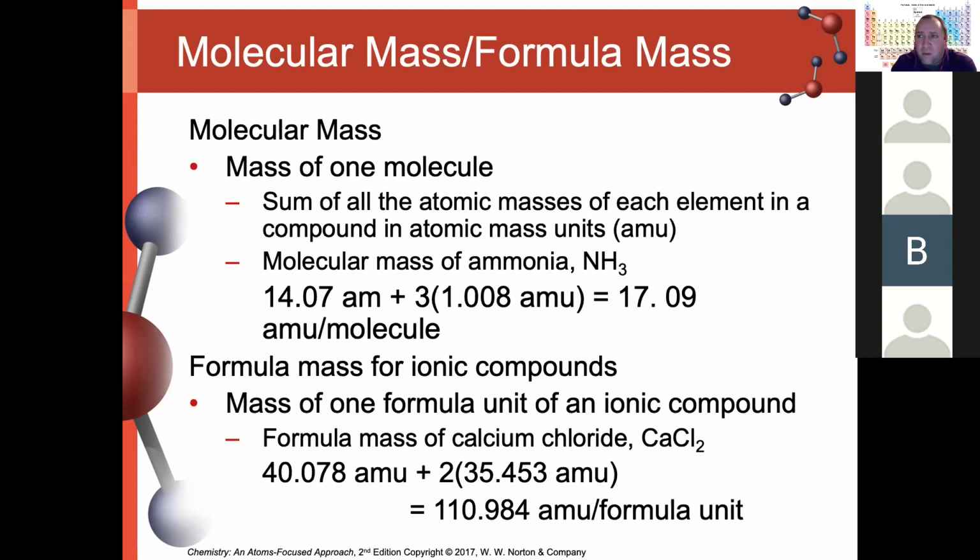But we can use that same logic to figure out molecular masses, where all we need to do is, if I know the chemical formula of the substance, add together the atomic masses of all of the atoms that make up the molecule and take it from there.